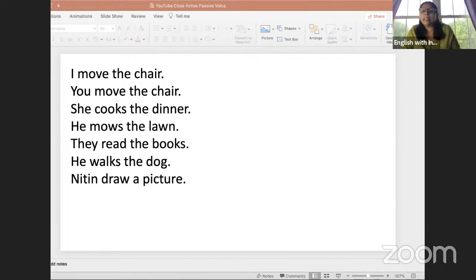The dog is walked by him, Mustaba, because there is only one dog and it's is. If the sentence is he walks the dogs, with an s meaning plural, more than one, then you can say the dogs are walked by him.